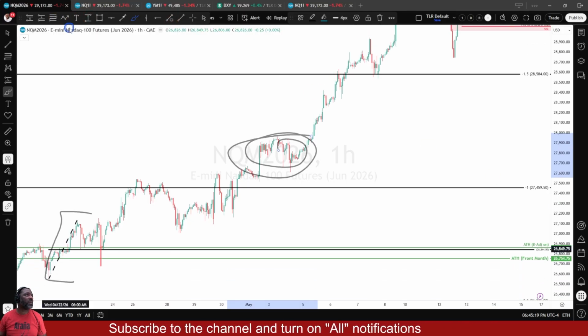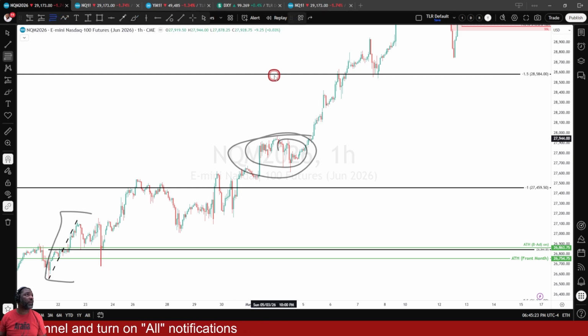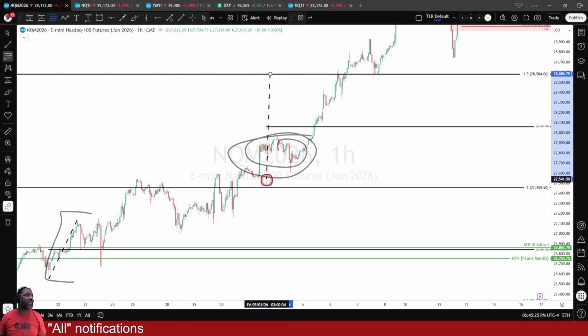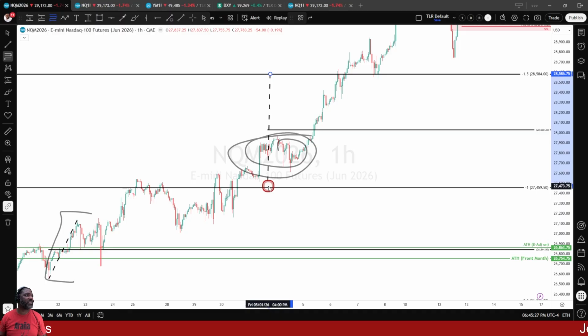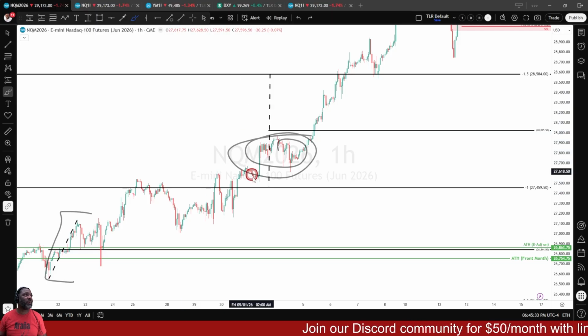Remember we talked about over here? Price ain't gonna just get to you the same every single time. But remember we said in between these two areas right there, what do we say?